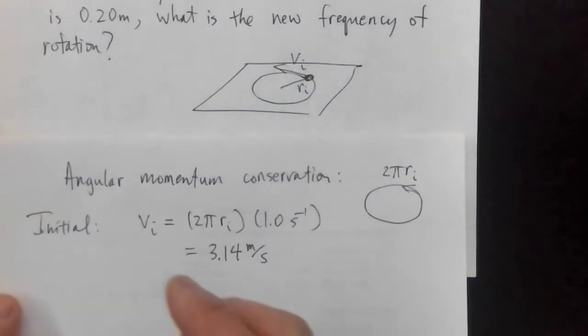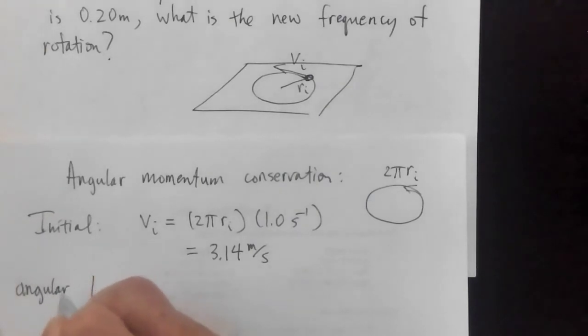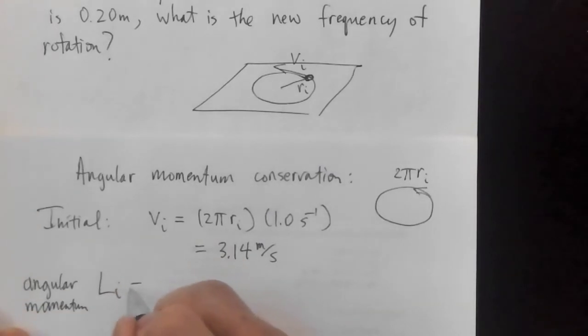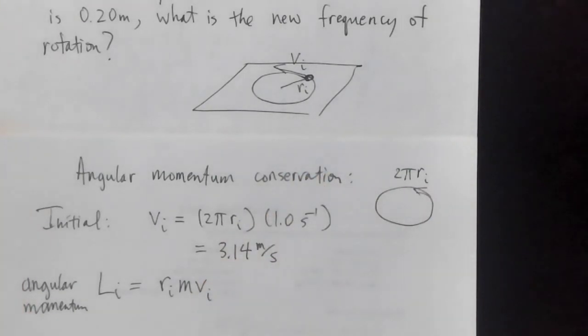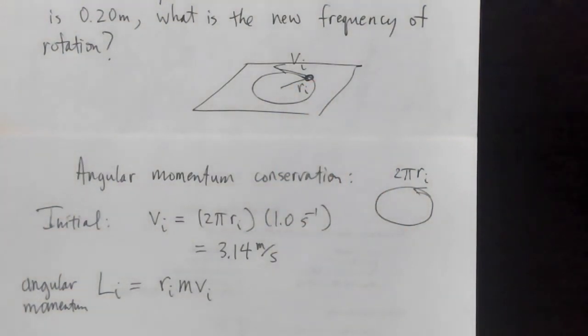Okay, so now I can calculate the initial angular momentum. Uh-oh, I'm running out of time. Initial angular momentum will be r_i times m times v_i. Okay? Everybody with me on that? Because when I do the cross product of r and v, I will get 90 degrees between the two.